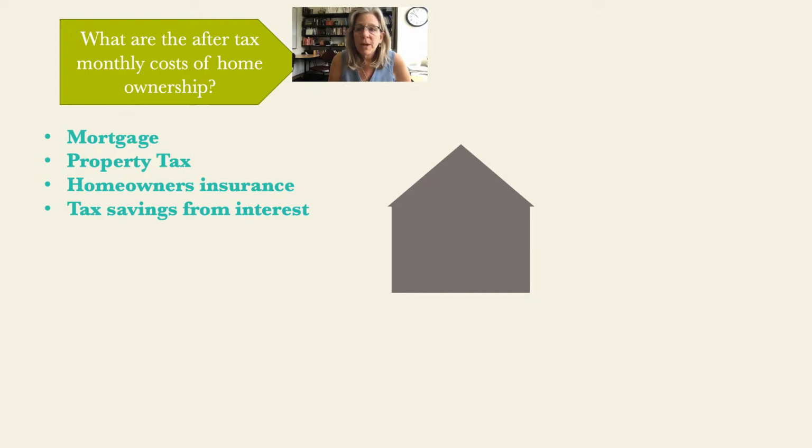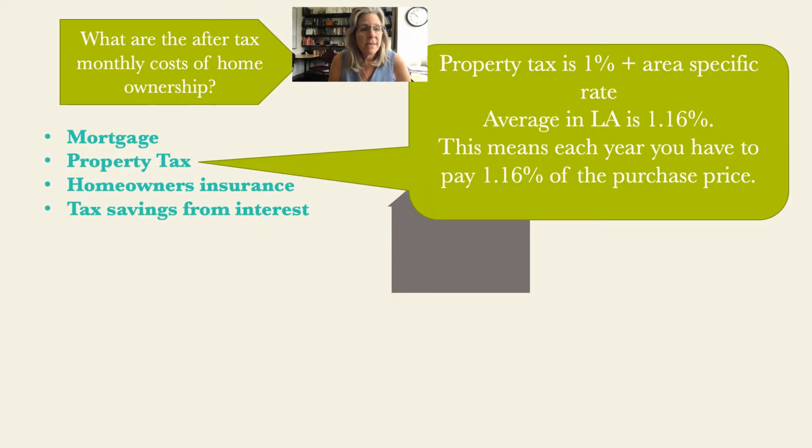So now we've decided this. The mortgage amount is $2,500 a month. The property tax is 1% plus area-specific rates. So 1% is the California property tax, and then there are other expenses associated with different municipalities. The average in LA is 1.16%, so I'm going to use this, although that's probably not anybody's exact amount.